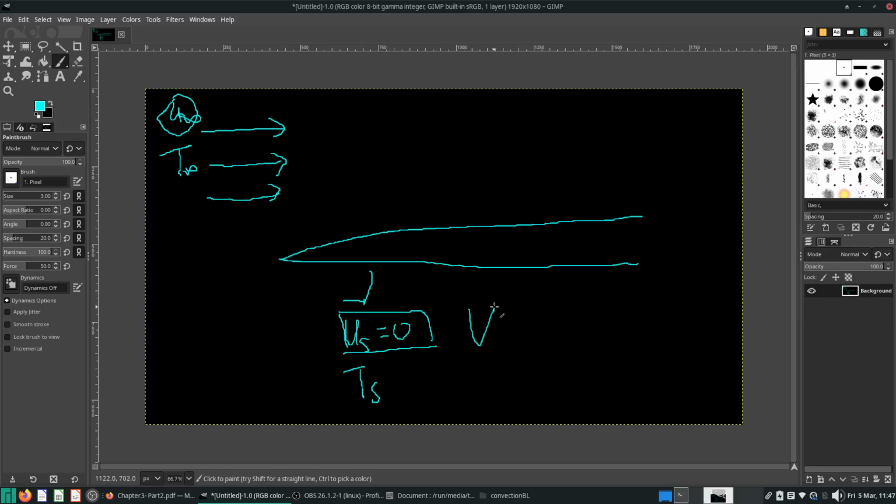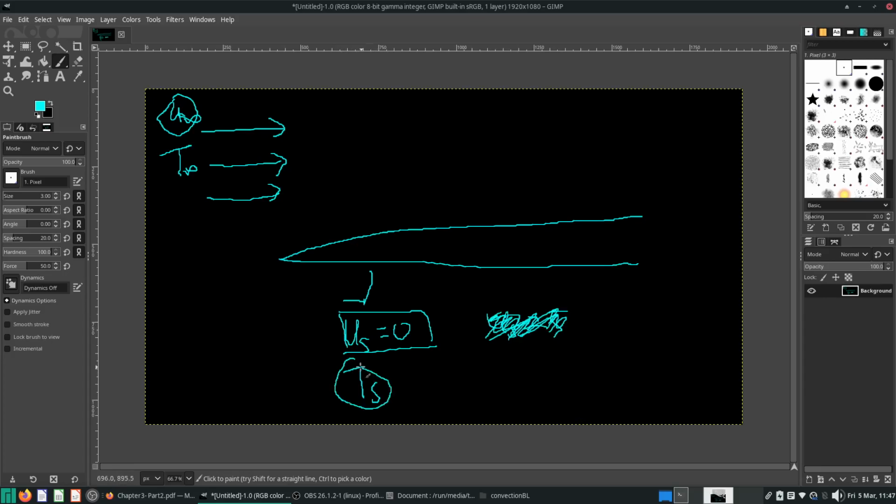If Us is some finite value, say Us equals 5, to make the problem easier we do some shifting of the reference frame, taking the reference frame of the plate, so that Us is 0. Otherwise, it's more hassle to solve.